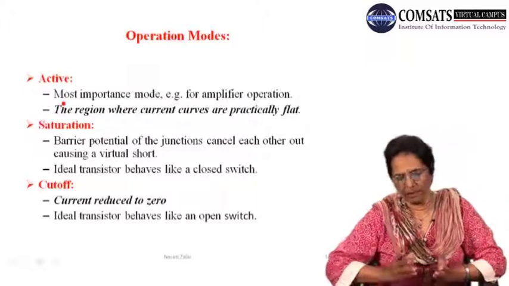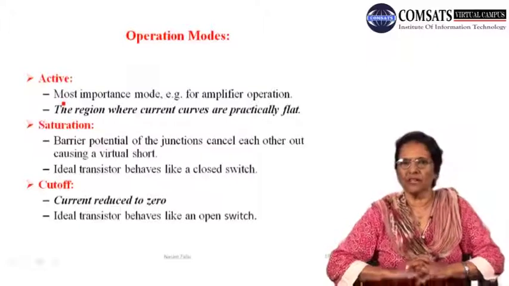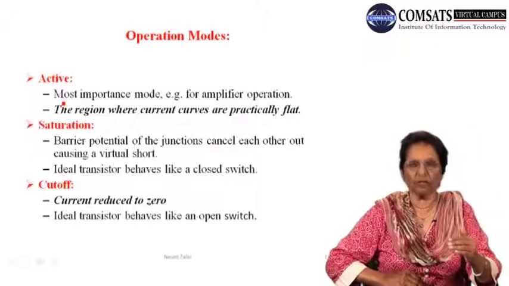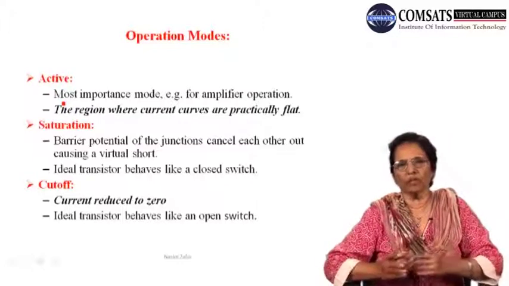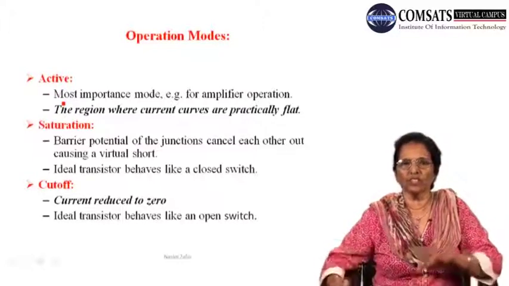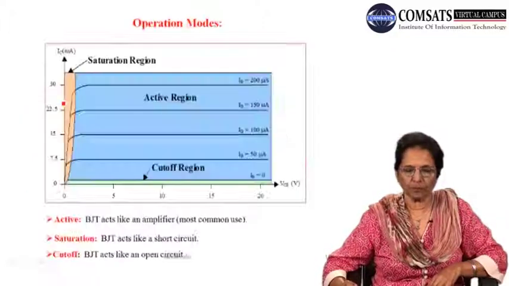So the ideal transistor in this case behaves like a switch. If we look at the saturation mode and the cutoff mode, we can say that by alternating these two, we can utilize the transistor as a switch.